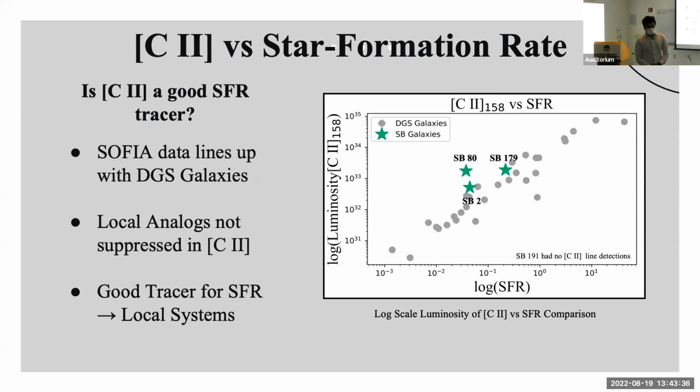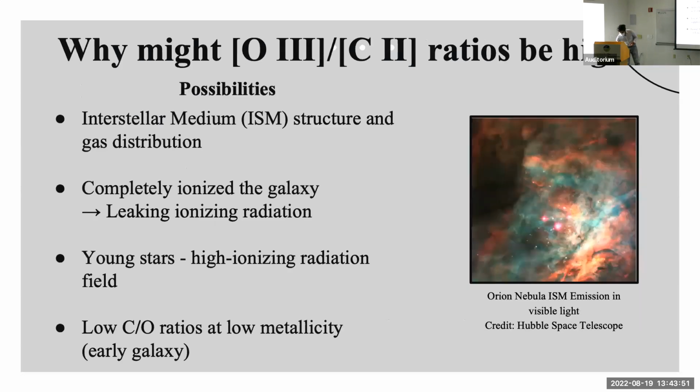Other questions? Is there any physical reason you know of why you might expect C2 to be a good tracer of star formation rate? I'm not totally sure. That's a really good question, but what we think is, as we can see in this Orion Nebula, O3 is present predominantly closer to the star-forming regions, whereas C2 is present in the halo or the outside, and C2 is lower ionization, or lower ionized gas, which is why it is present in the outskirts.